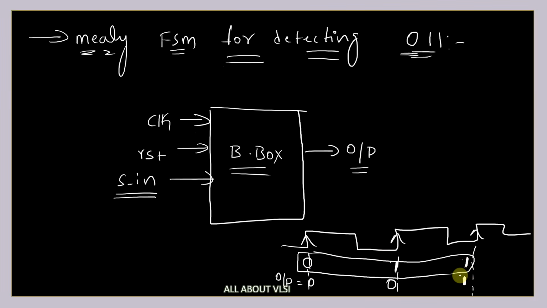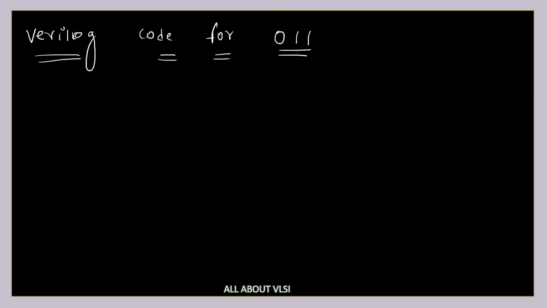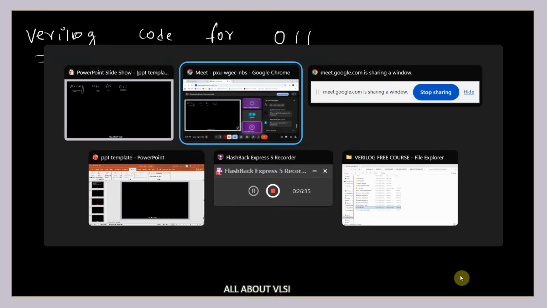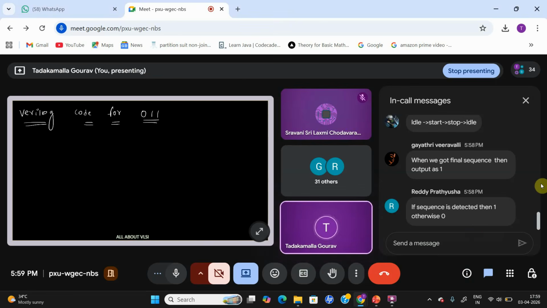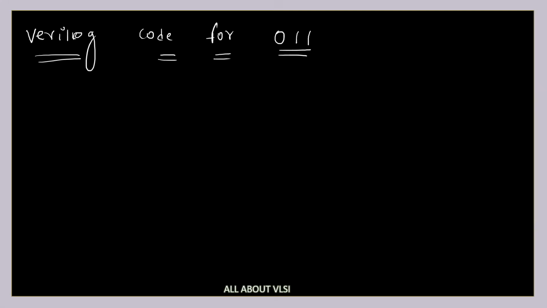Okay, yeah. Now, coming to this Verilog code. Those who have already learned about sequence detection and all, yeah, exactly. Those who have already done this Verilog coding, can anyone answer how to perform your Verilog coding for 0, 1, 1? What are the steps you are going to perform?